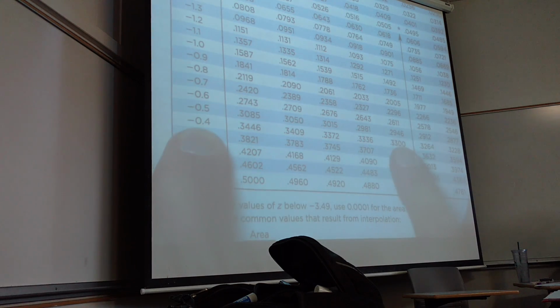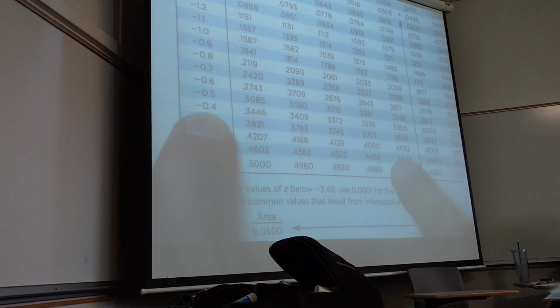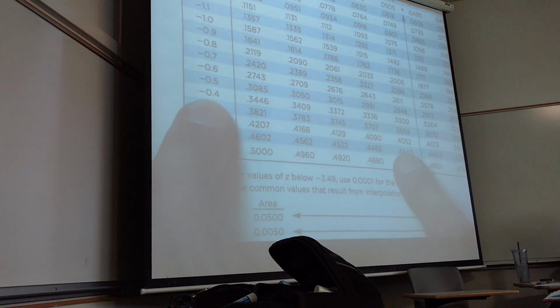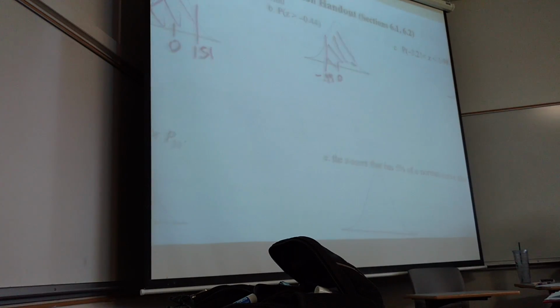That second decimal place is defined by the column. The first decimal place is defined in the row. So 0.3300. Where is that on my picture? Yeah, below that negative 0.44.